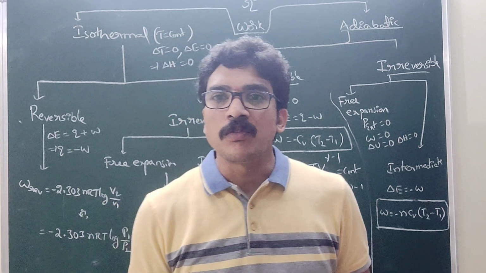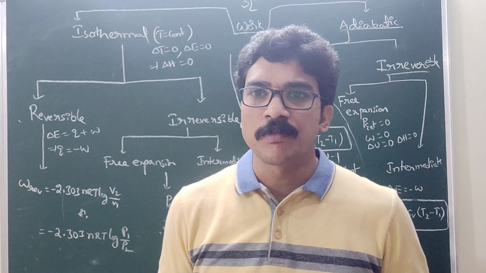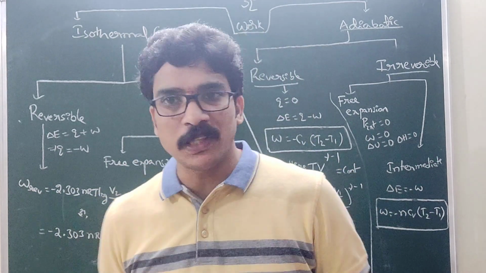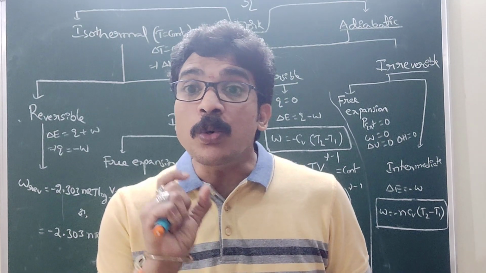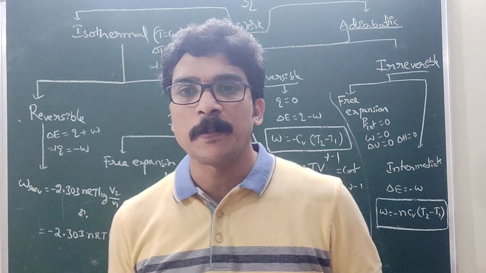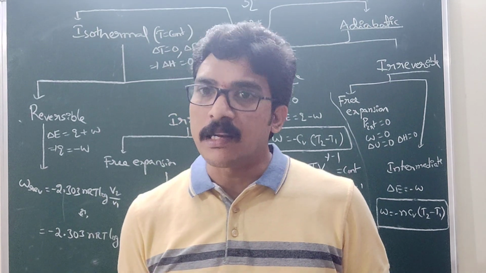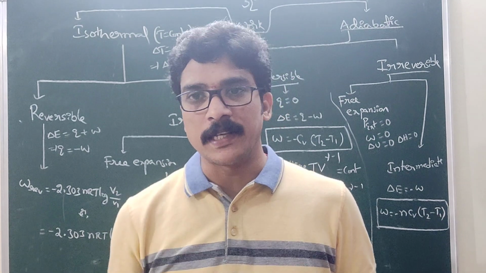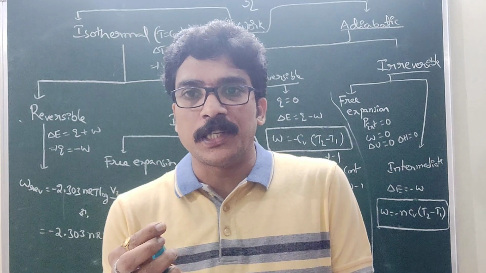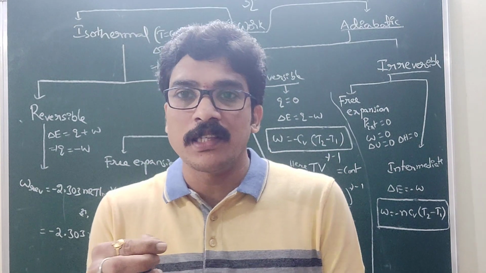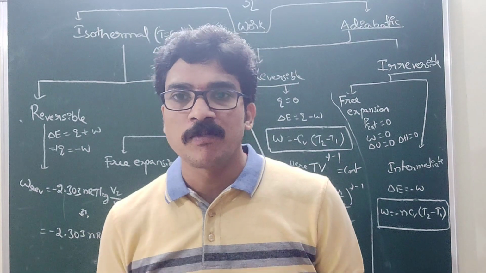In thermodynamics, to calculate work, there are two important methods. One is the isothermal process, and the second one is the adiabatic process. How to calculate work in an isothermal process?